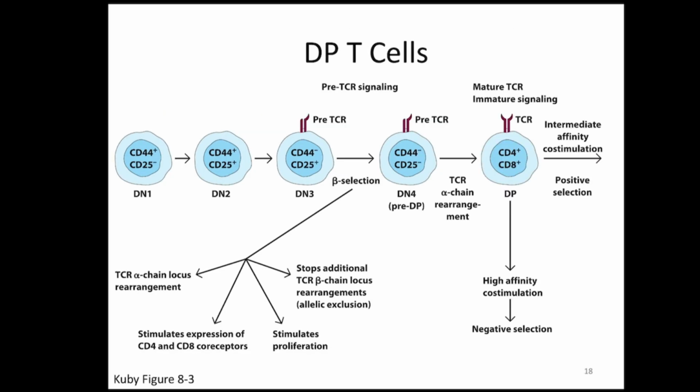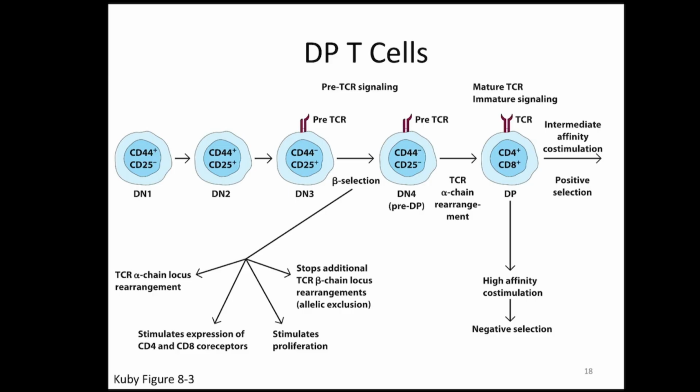So in our double positive cell, basically we're doing alpha rearrangement sort of as we're becoming a double positive. I honestly always learned that alpha rearrangement happens on this arrow between DN4 and DP, sort of happening right there.